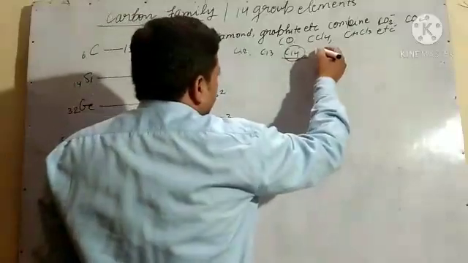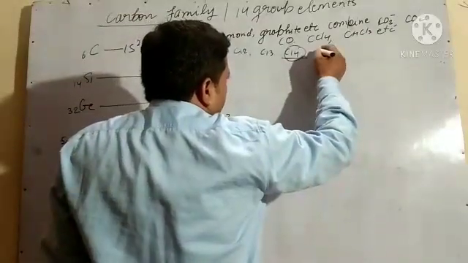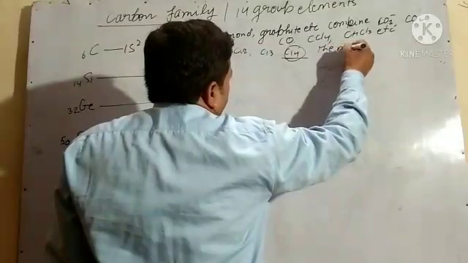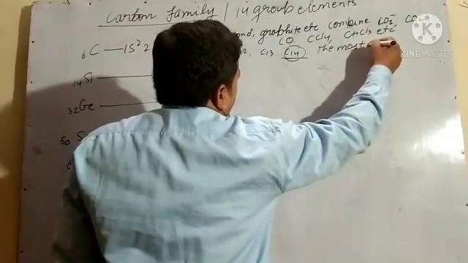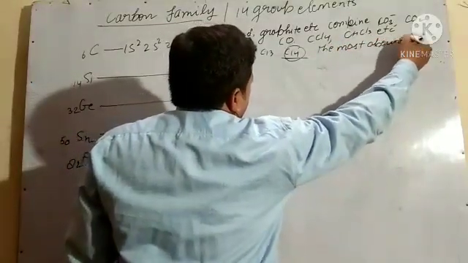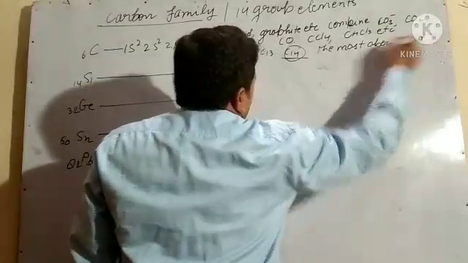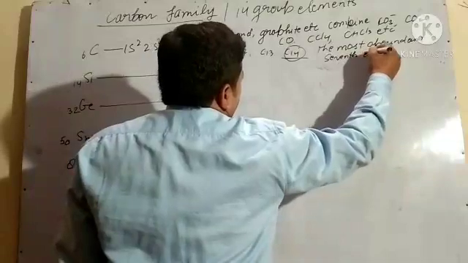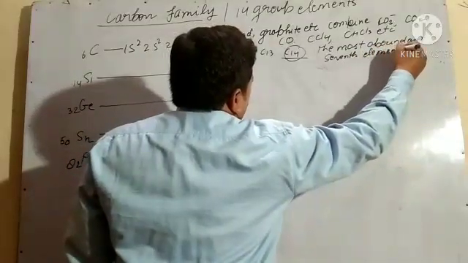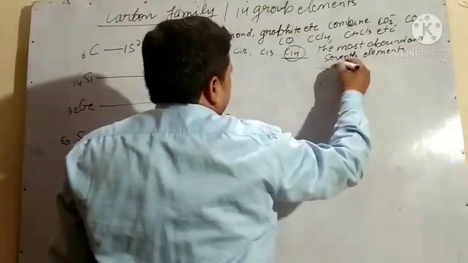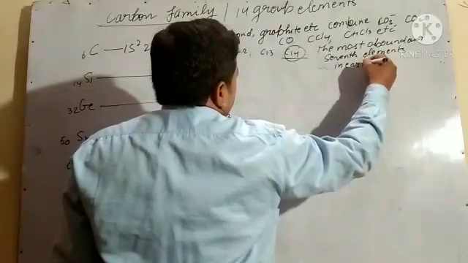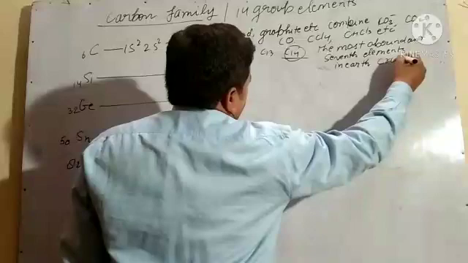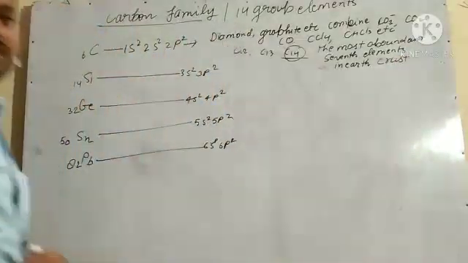And it is the 7th most abundant element in the earth crust. Okay students, is it visible?